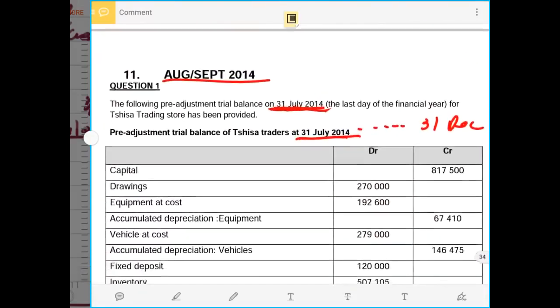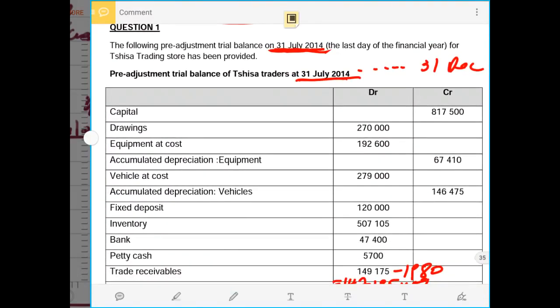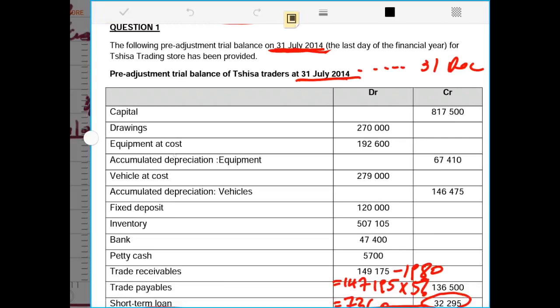So let us establish if there are any other equipments that were in the business.